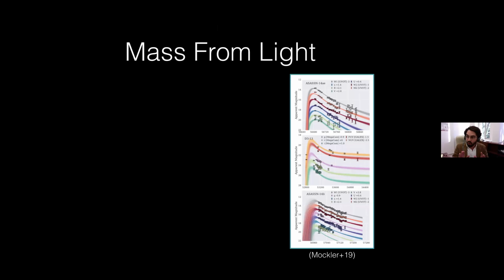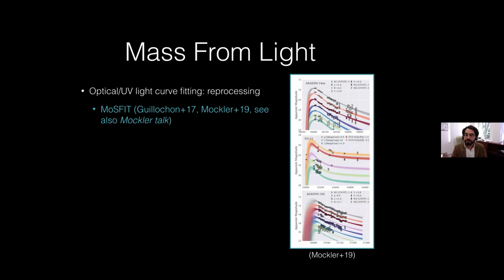So let's start by talking about ways that optical and near UV emission can be used to constrain the masses of massive black holes. As you've already heard, we don't really understand fully the power source for optical and ultraviolet emission. So different theorists with different models have different ways to turn observed optical light curves into constraints on the mass of the underlying black hole.